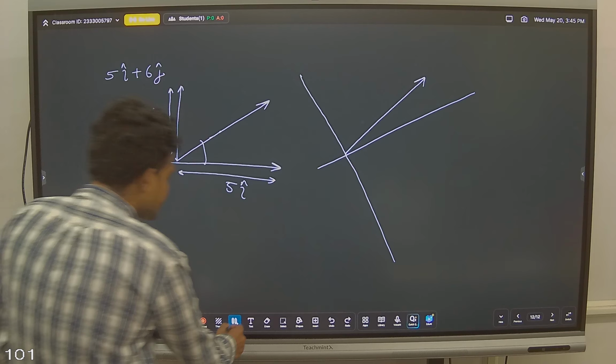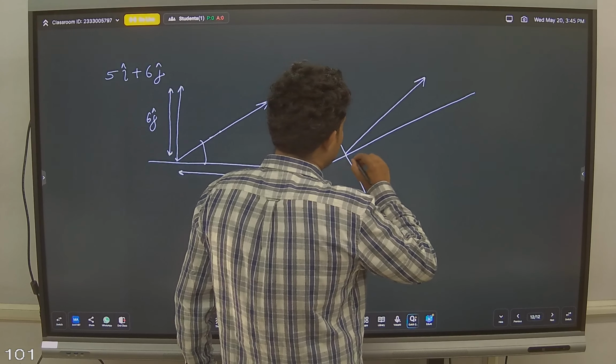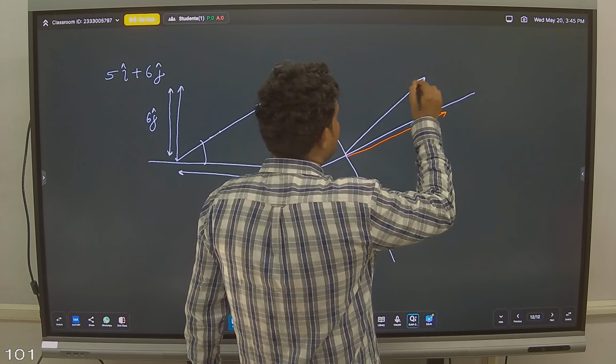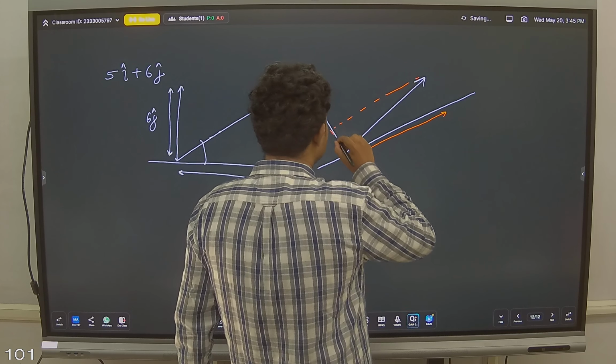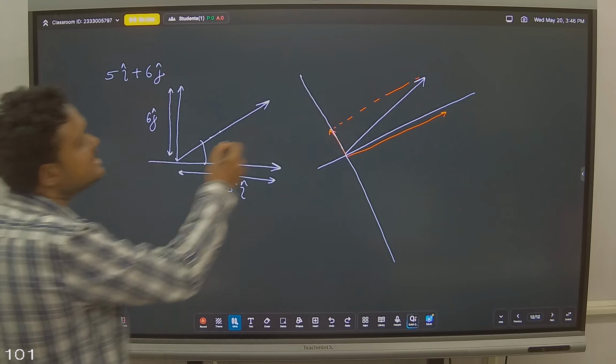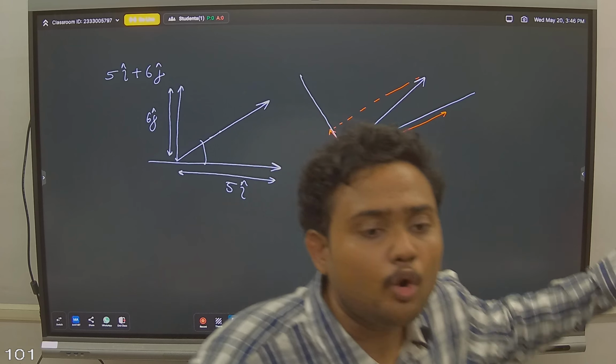So one component is going to look like this and the other component is going to look like this. Our task is to find these two red vectors which, when added together, give us the white vector in the middle. How do you add these two vectors? You vectorially add them.